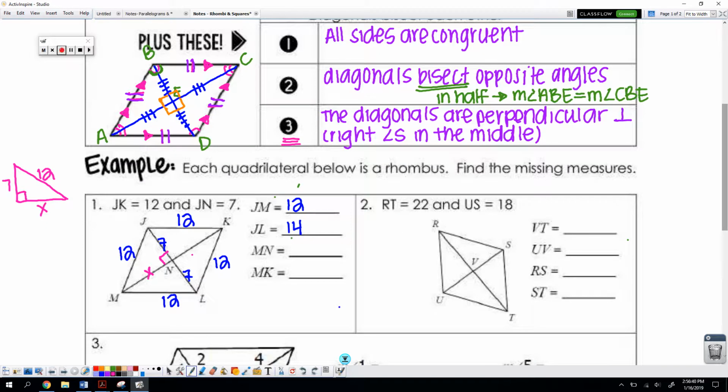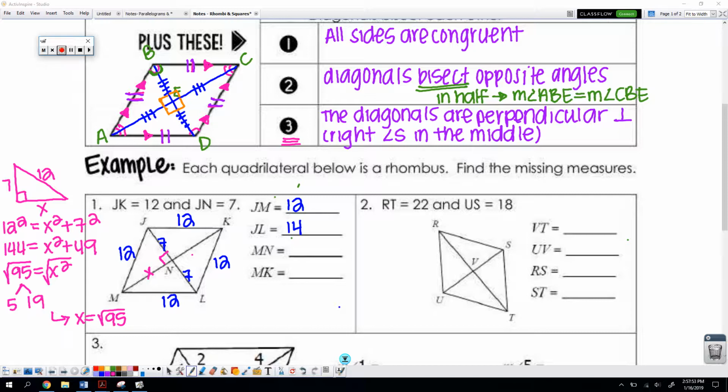Remember, hypotenuse goes alone, so it's 12 squared equals X squared plus 7 squared. I'm going to pause the video and I'd like for you to solve this. Alright, so what we should get here is that MN is the square root of 95. Now what do we do if MN is the square root of 95, but they want MK?